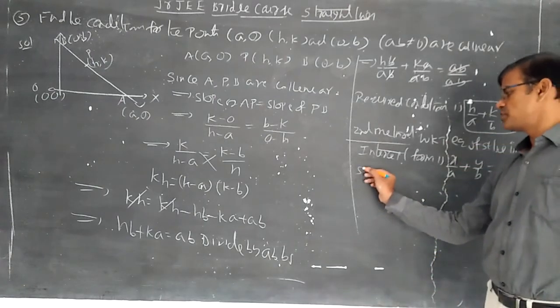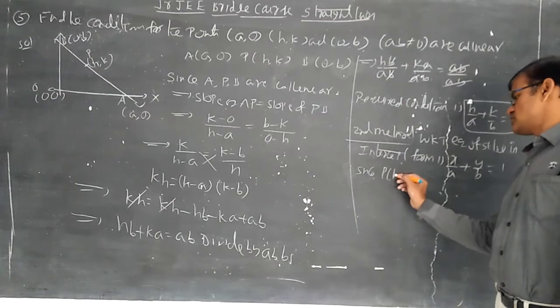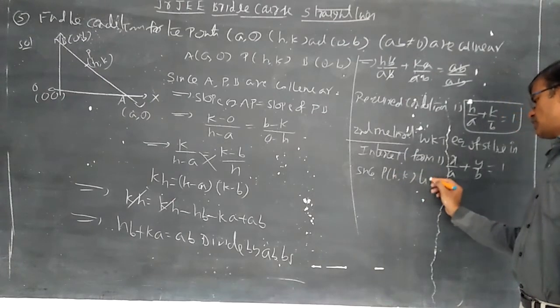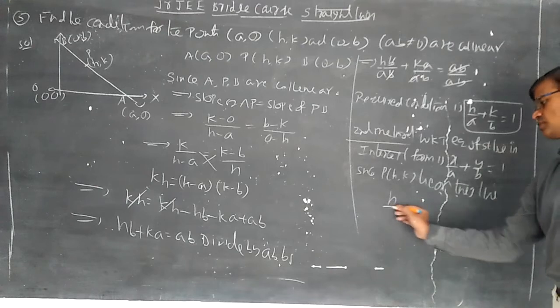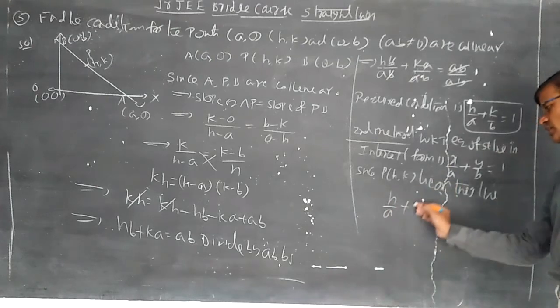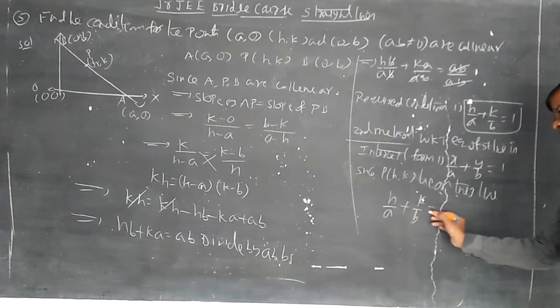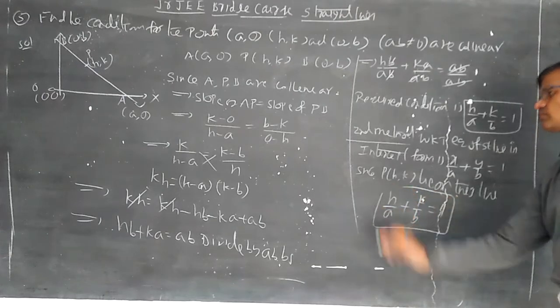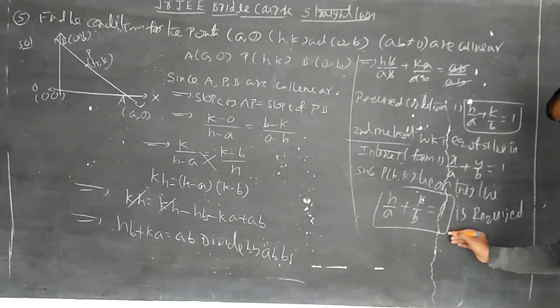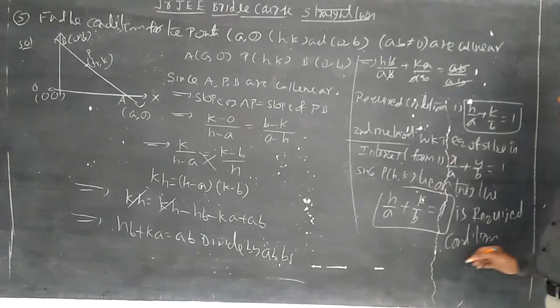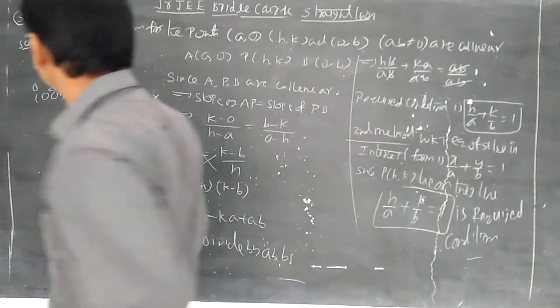Since the point P(h, k) lies on this line, simply substitute the value h instead of x and the value k instead of y: h by a plus k by b is equal to 1. This is the required condition for collinearity of the given points.